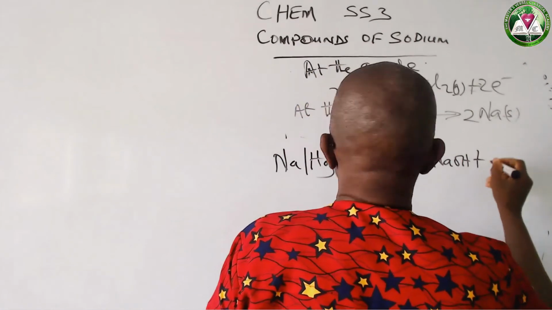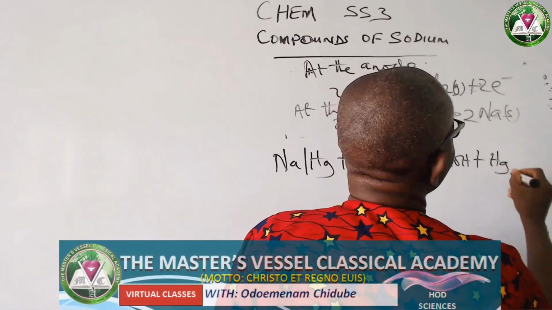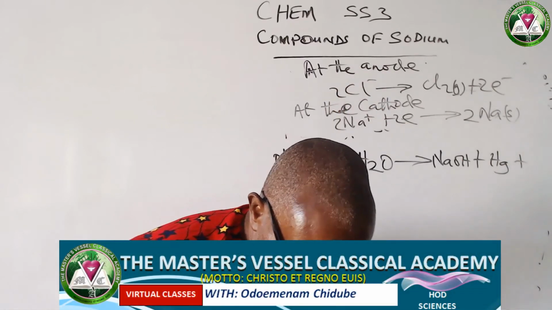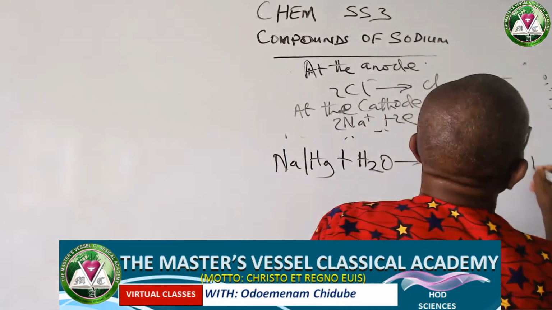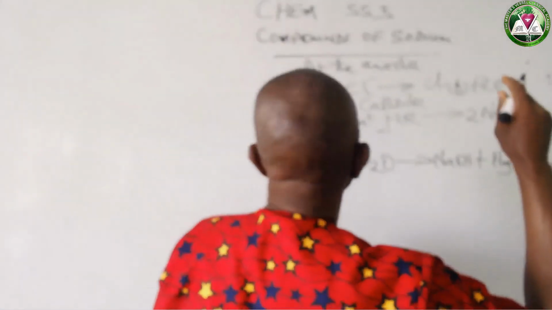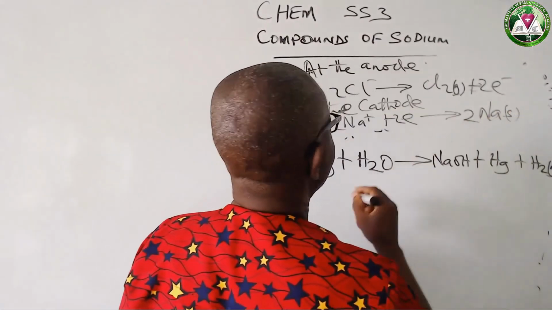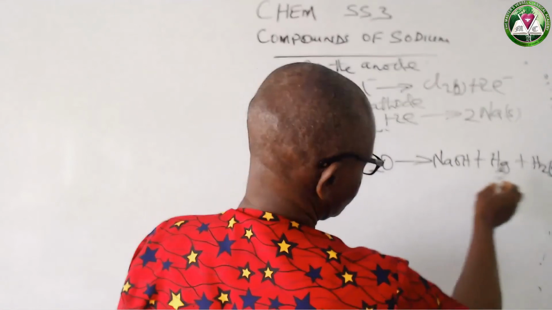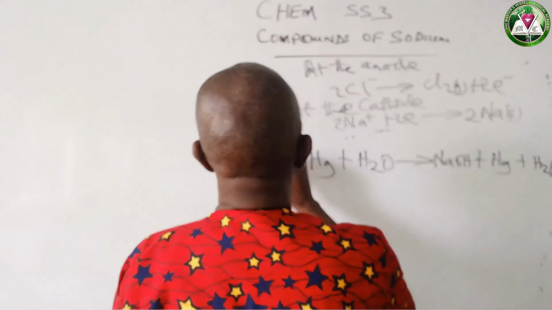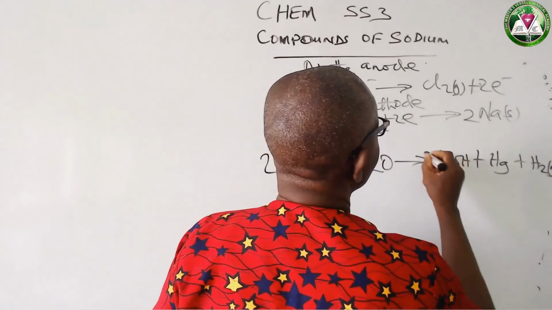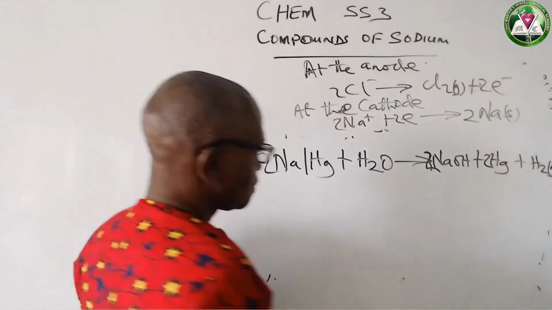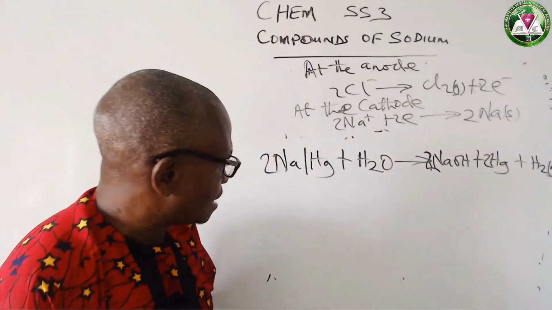plus mercury. Then the next thing is hydrogen gas. The hydrogen gas is liberated. I think the equation is balanced.